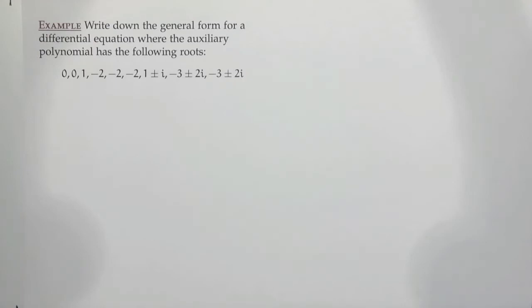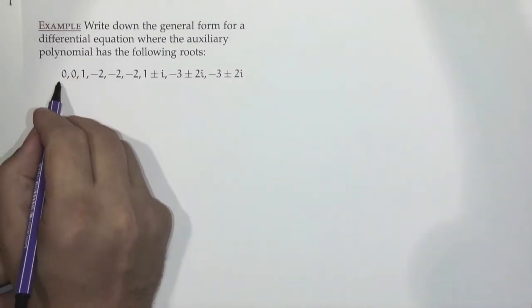However many roots you have, that's the order of the differential equation, and that's how many pieces we're going to have. You'll notice there's a lot of pieces here, so we're really going to be using up a lot of the alphabet. No problem. Let's talk about our pieces.